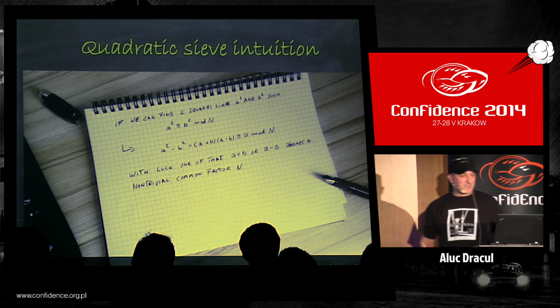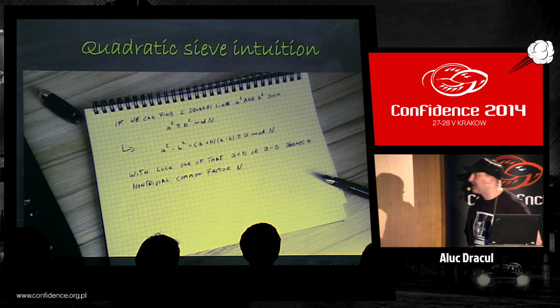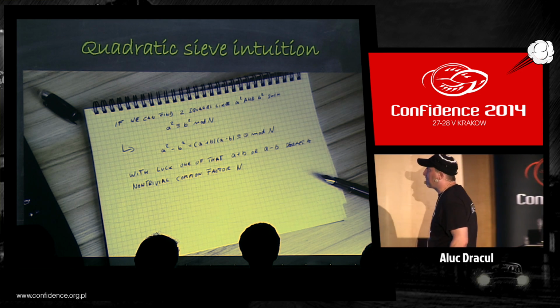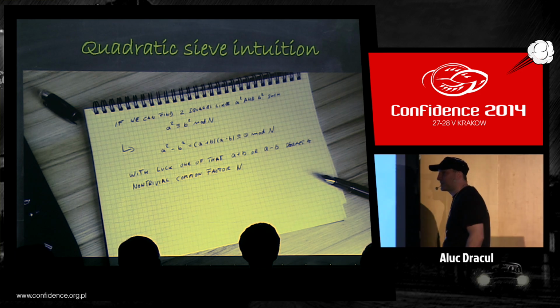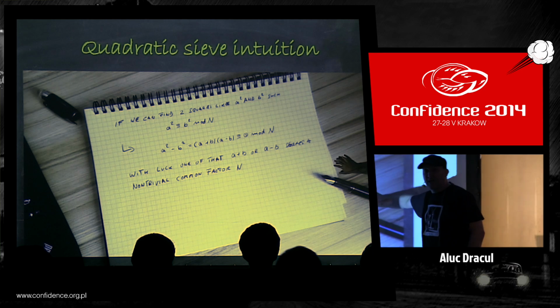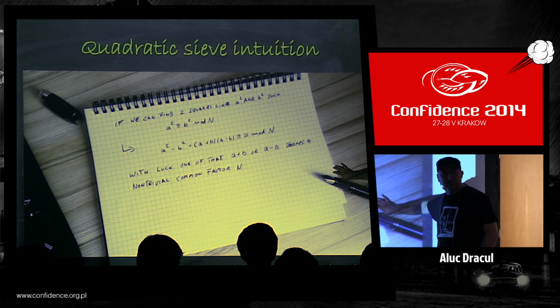So the quadratic sieve intuition is actually the step before what we use nowadays. That's getting damn close to what we do today.